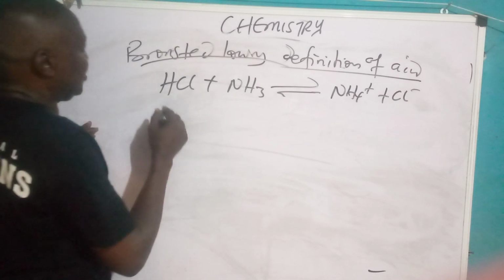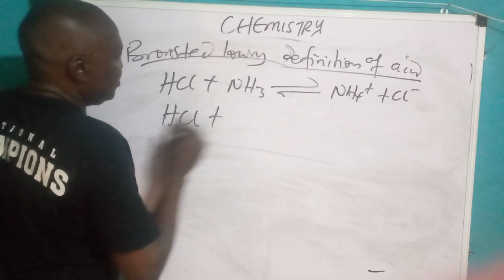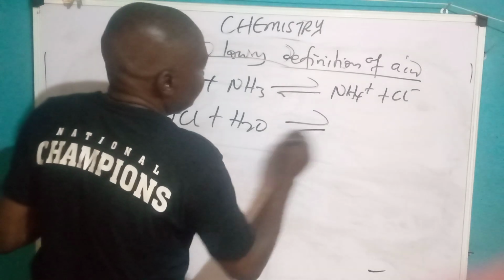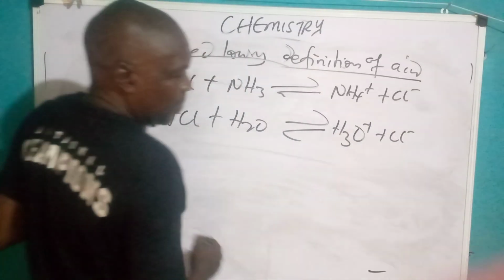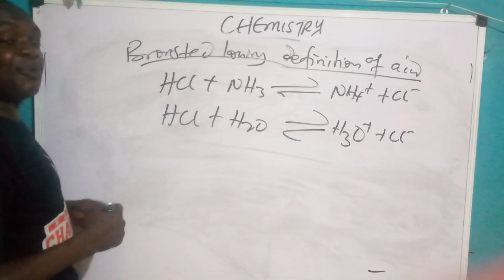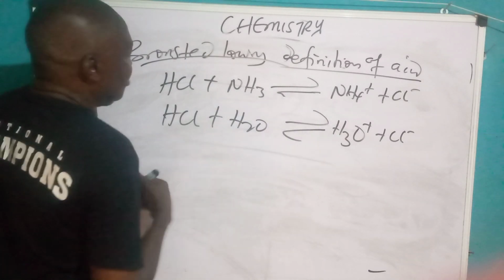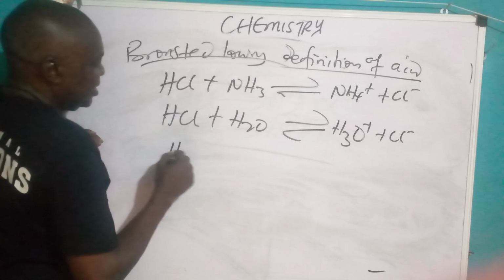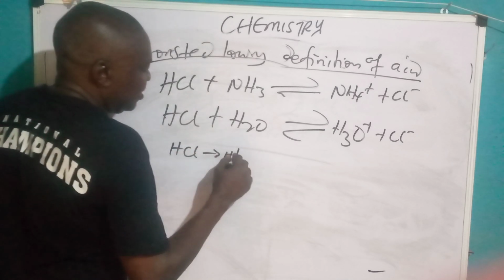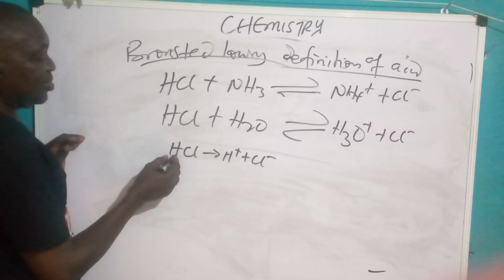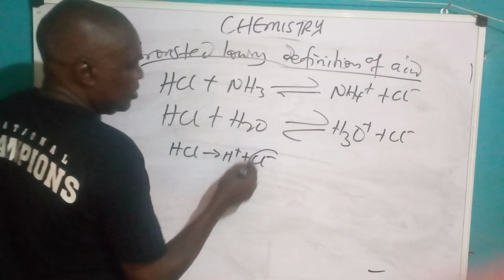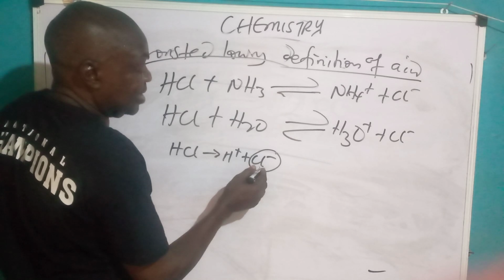You can also have another equation, HCl plus H2O gives H3O+ Cl-. You can see it. An acid is a proton donor. Where is this proton coming from? Just like the previous equation, HCl gives you H+ Cl-. Chlorine has taken the single electron of hydrogen, now forming a chloride ion with its electron.